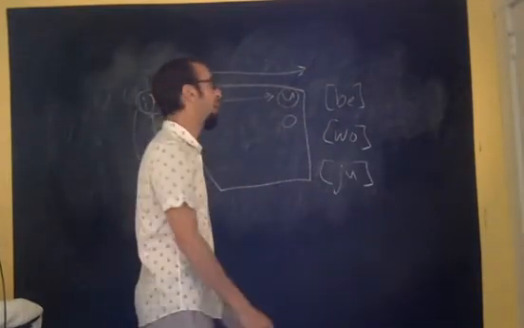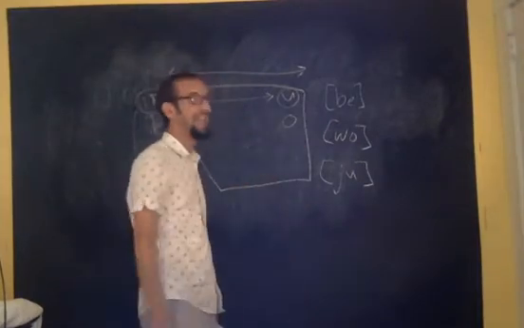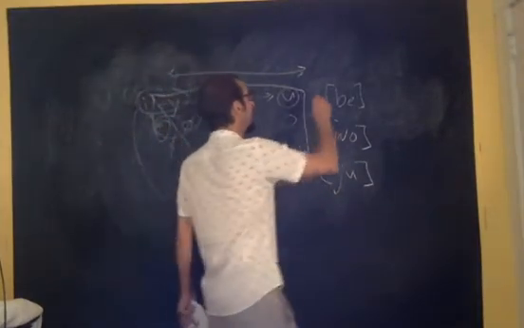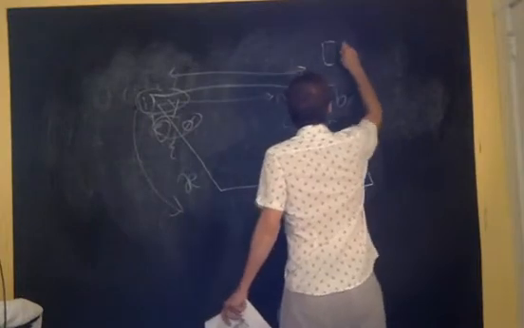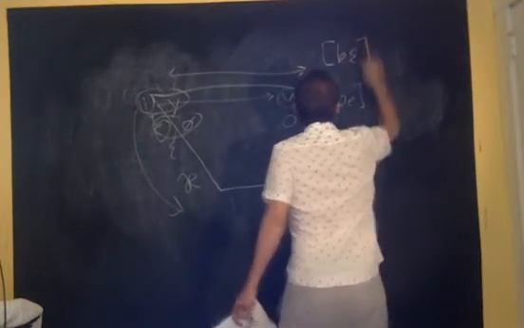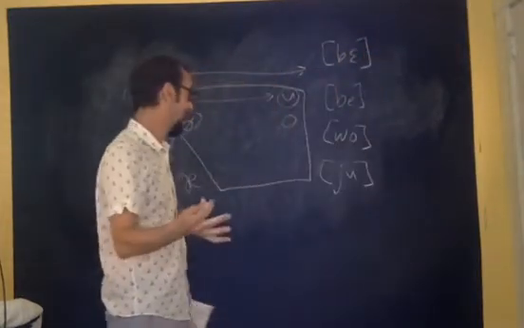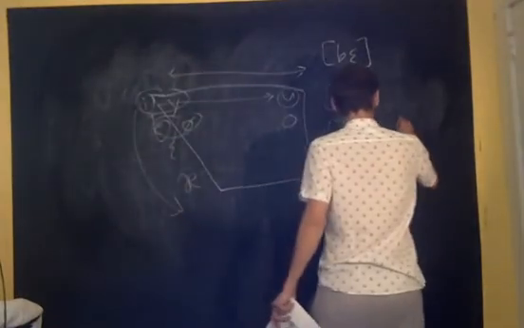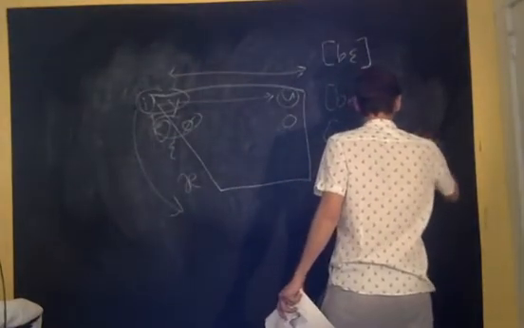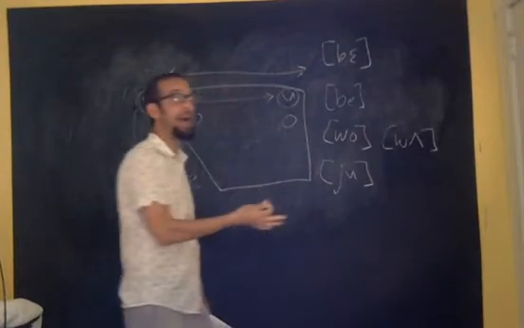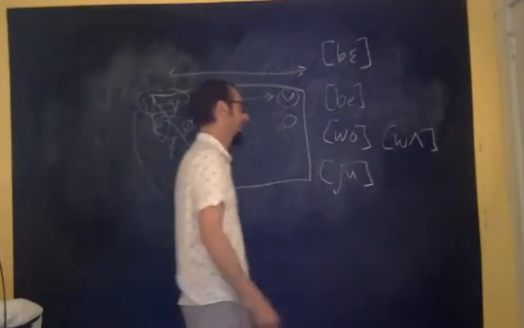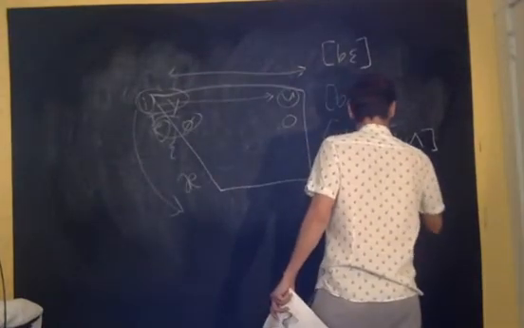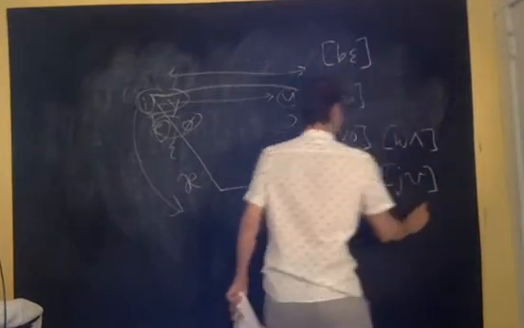There are no words in English that are one-syllable words that end in a lax vowel. There is no such word as be. That is not a possible English word. You can't have a word like wa. That's not a possible English word. You can't have a word like y.